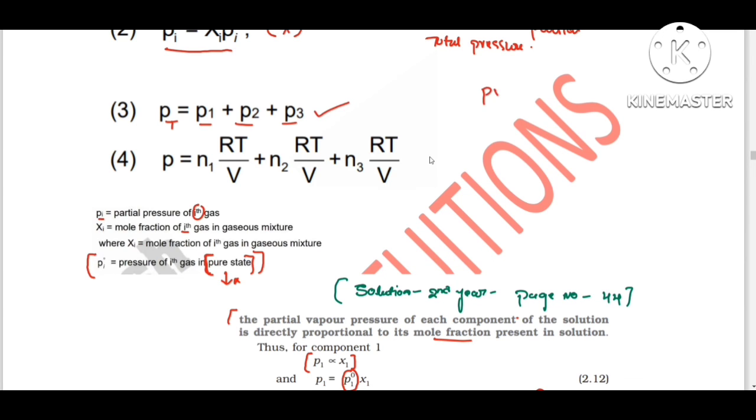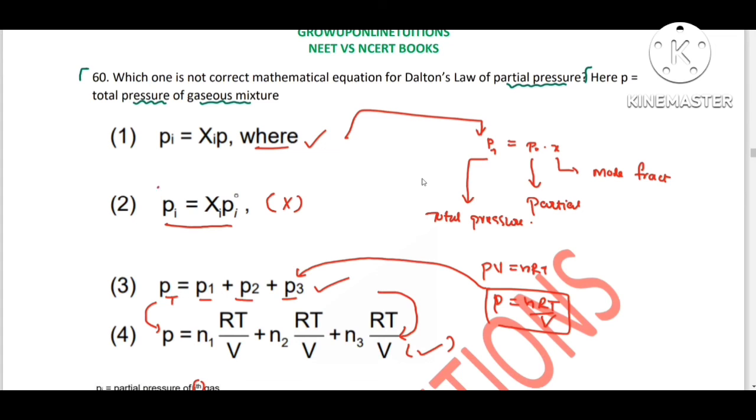We know that according to the ideal gas equation, PV is equal to nRT, so P is equal to nRT by V. Now substitute this formula, and you will get option 4. So option 4 is also correct according to Dalton's law. But option 2 is not correct according to Dalton's law.